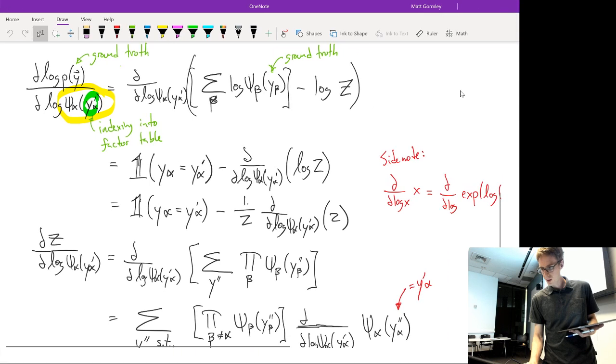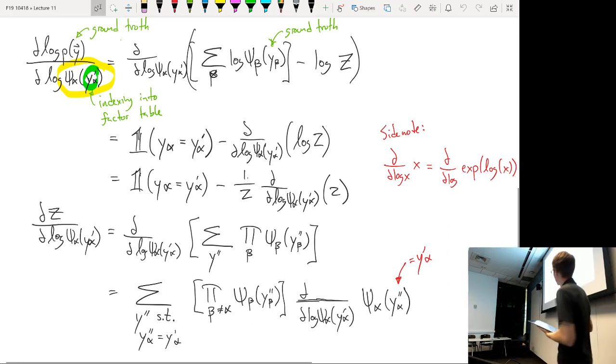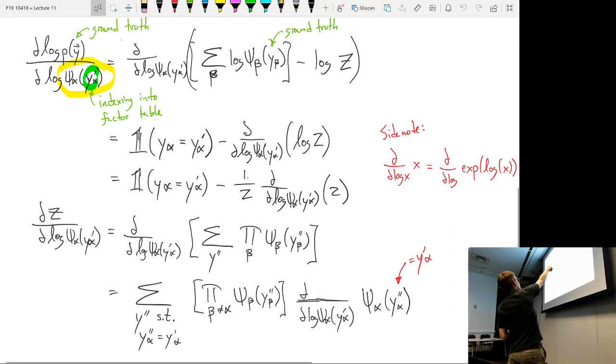Okay, so here's our little side note. The derivative with respect to log of x is just the derivative, with respect to log x, of exp of log x. And what's that?